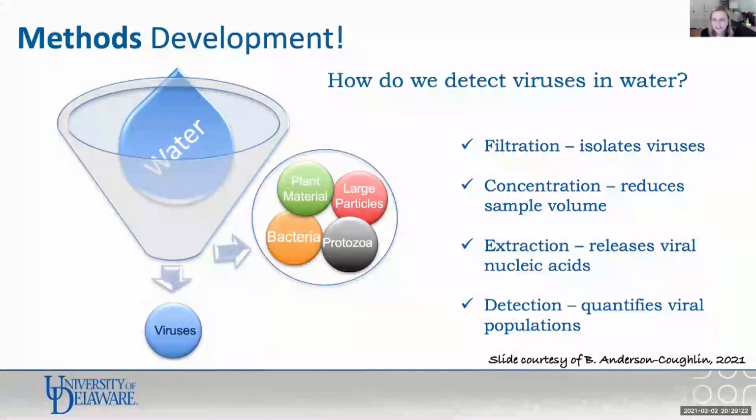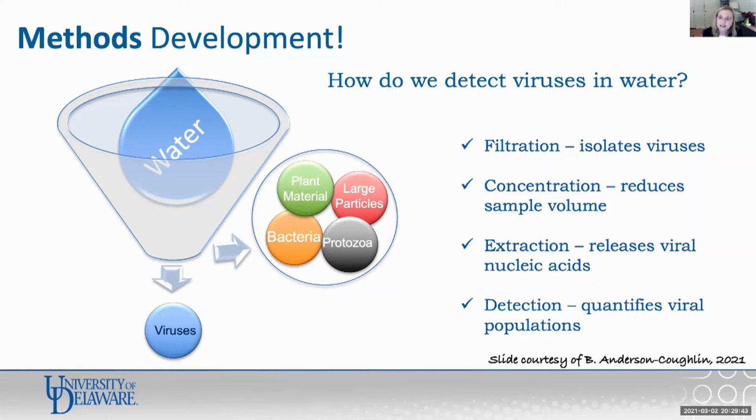And if it was only this easy, right? If only we were able to run the water through a simple filter, exclude all the larger particles and collect out the viruses. Well, we know that's not as easy as it is. And when we think about what else is in wastewater, we know we're going to have inhibitors that are there that may result in the loss of some of those viruses.